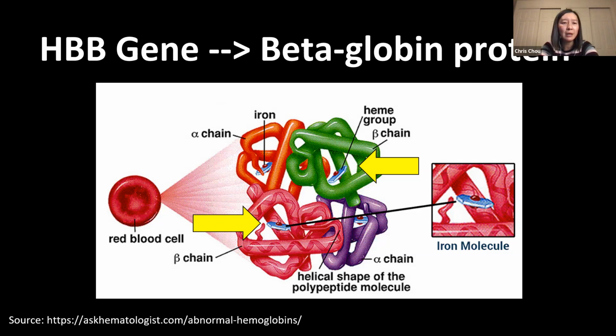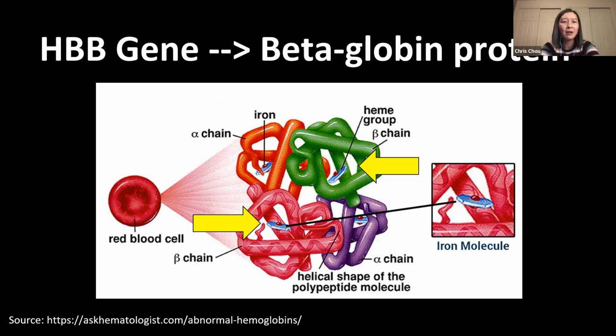You can see here that hemoglobin is found in red blood cells, and it's constructed of 4 subunits, 2 alpha chains and 2 beta chains. Within them, there is a heme group. That's where the iron comes in, which helps to carry oxygen molecules for these red blood cells. So the main job is to carry oxygen.